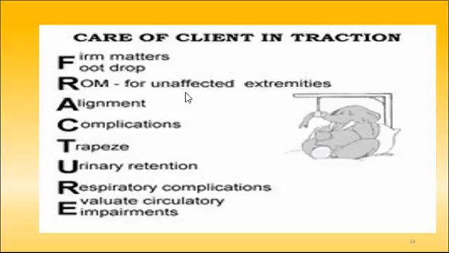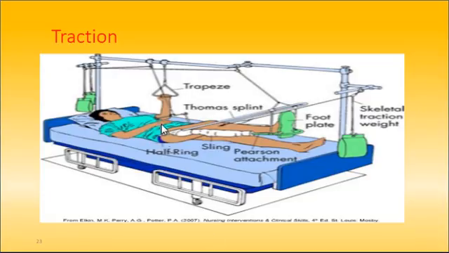Range of motion for the unaffected extremity, keeping it aligned, watching for complications, which are addressed more in the other, like here the respiratory, urinary. You're of course evaluating GI. Your trapeze, they'll go back, you see your trapeze over here, keeping this aligned here where your shoulder, your hip, your foot.